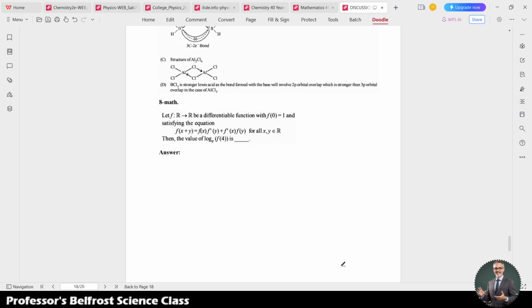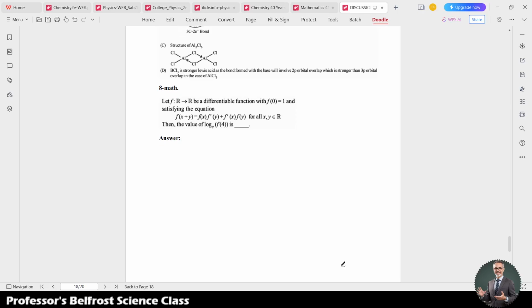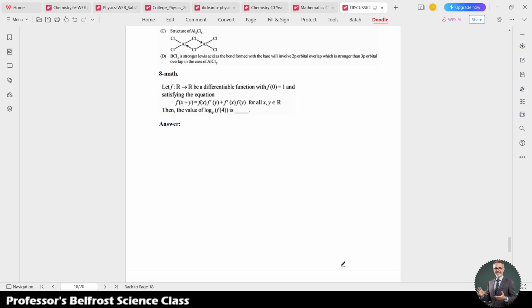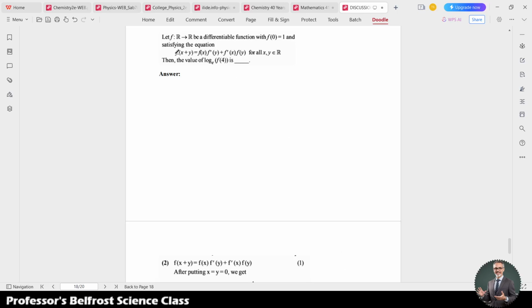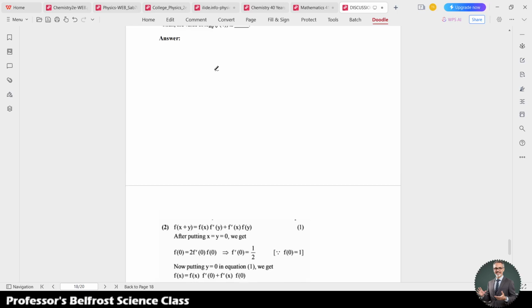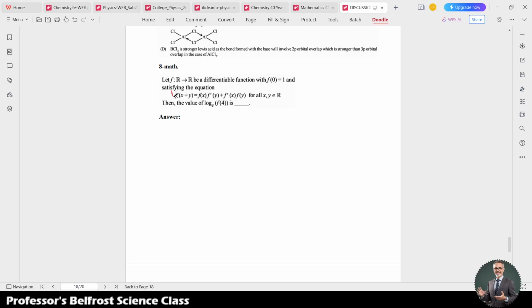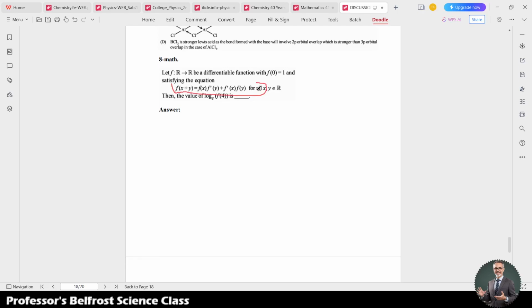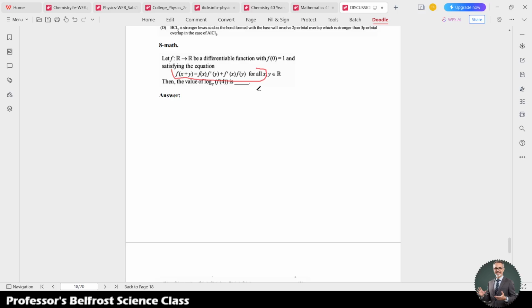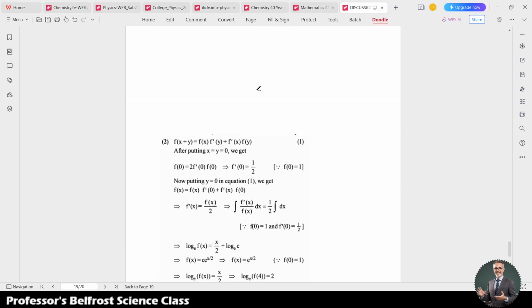Let f: R to R be a differentiable function with f(0) equals 1 and satisfying this equation. Then the value of log base e of f(4) is... So f(x+y) equals f(x) times the derivative of f(y) plus the derivative of f(x) times f(y).